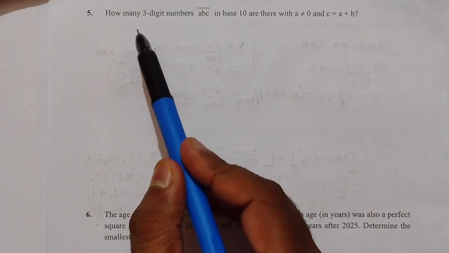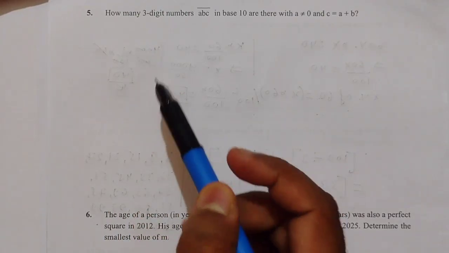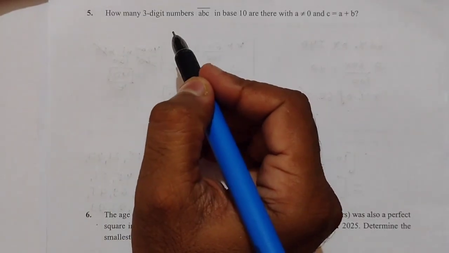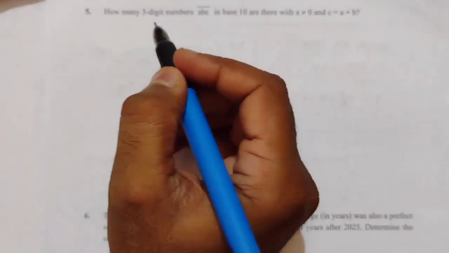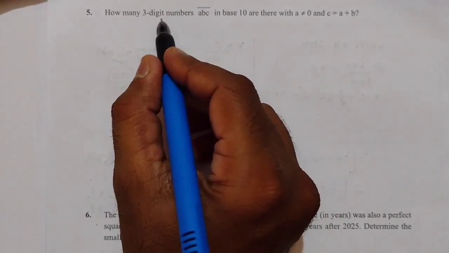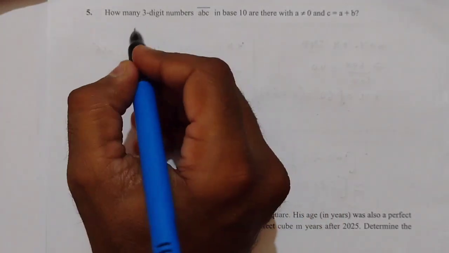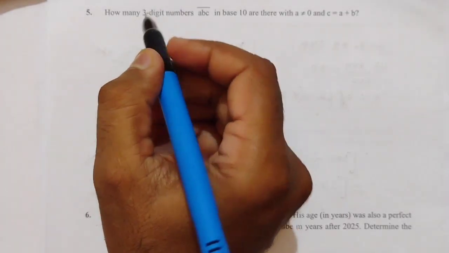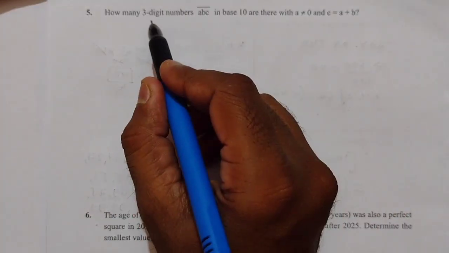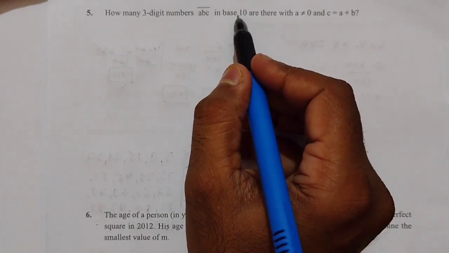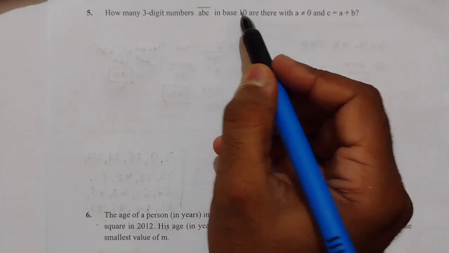In this problem, first of all we have ABC is a 3-digit number, and also we have A, B and C are integers and positive integers.